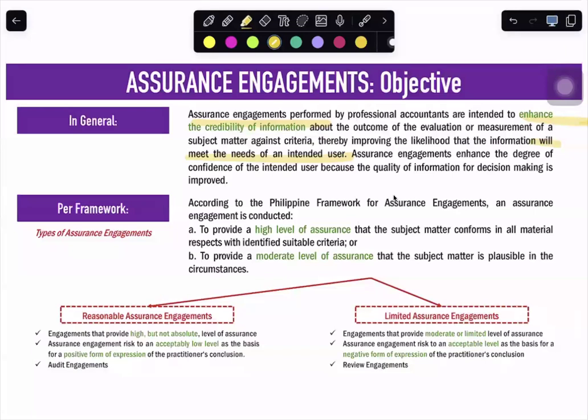Why? Because we already discussed the concept of an assurance. We look into whether the data or the subject matter provided by the first party is in consonance with the suitable criteria. So tinitignan natin kung may subject matter yan, si practitioner, ang tinitignan niya whether swak siya sa criteria. And based on the subject matter and criteria, magbibigay si practitioner ng conclusion.